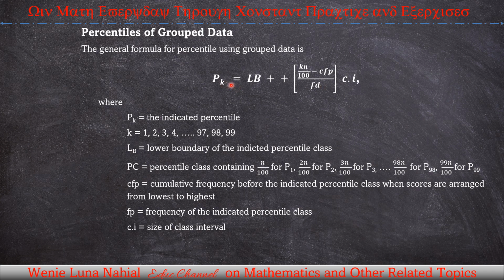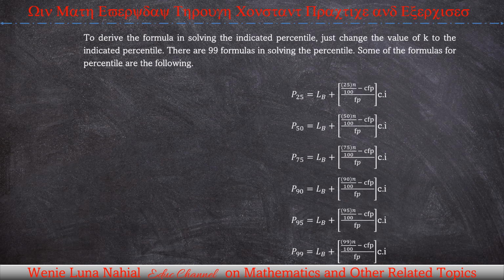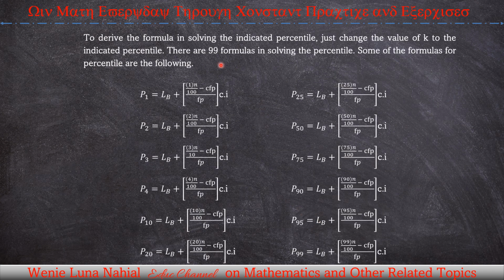We only replace this D with P. Okay, the same formula. There's nothing to worry about here. The process is the same. Just remember. Okay, here I've shown the P sub 1 up to P99.